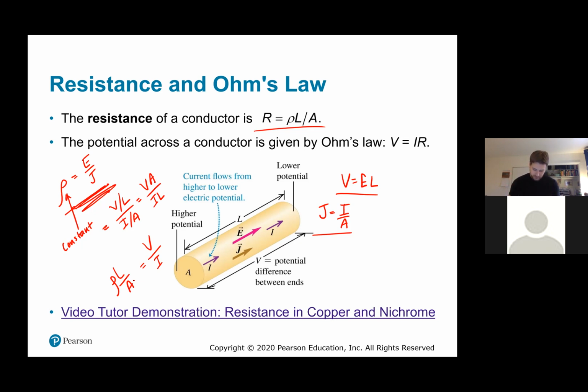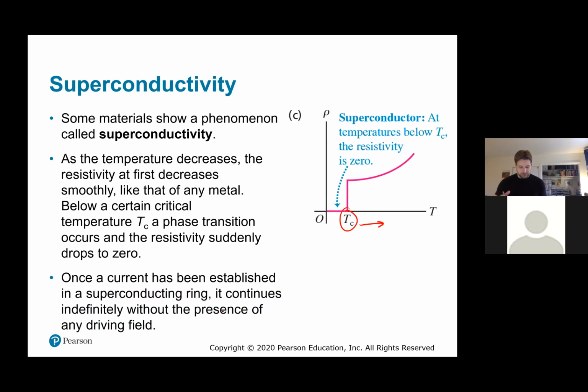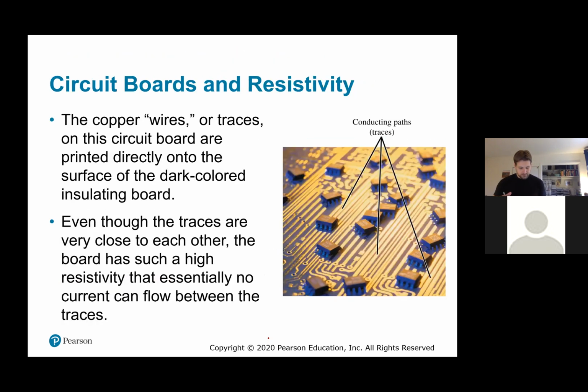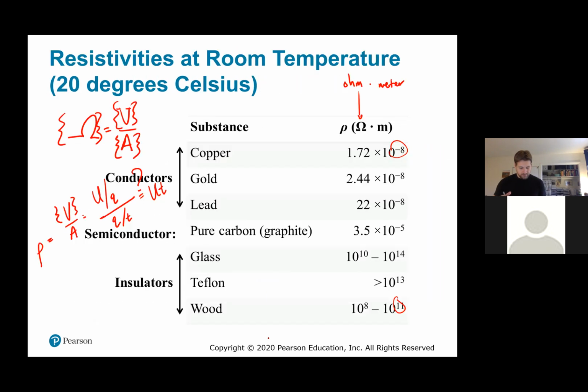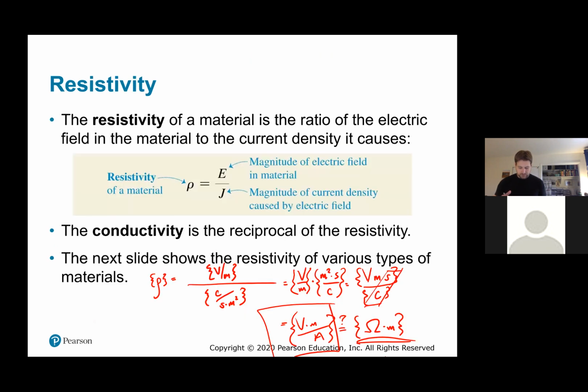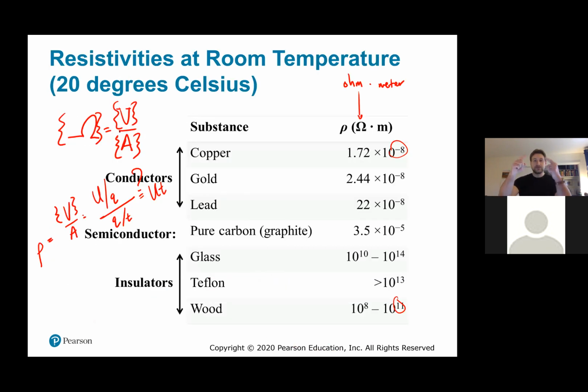Wait a minute. V over I, that's volts over amps. We've seen that unit before. Volts over amps, that's electric potential divided by current. That's what I just wrote.